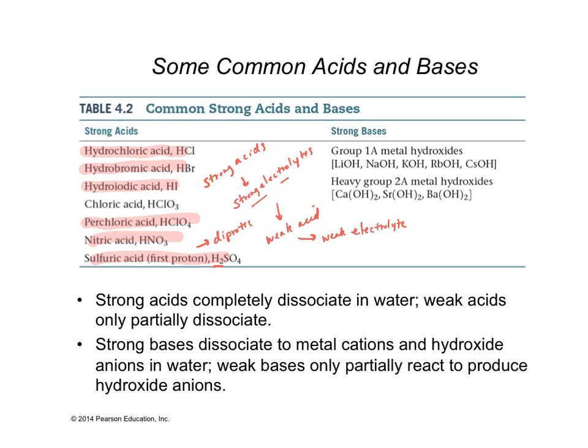There are also strong bases. Strong bases are very soluble metal hydroxides, things like lithium hydroxide, sodium hydroxide, all of group 1, as well as group 2, so calcium, strontium, and barium. There's a thing to note here about the stoichiometry with respect to these types of acids and bases.